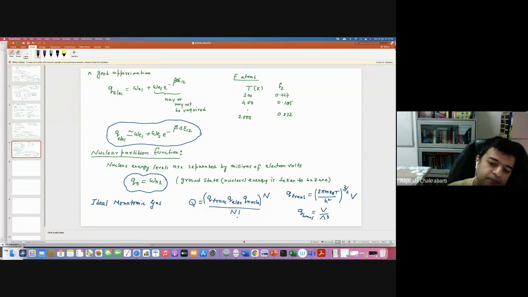Okay, so this is the story for the monatomic ideal gas. But the nuclear partition function is many times omitted. So you can omit this actually. People don't take it. The contribution is very small.